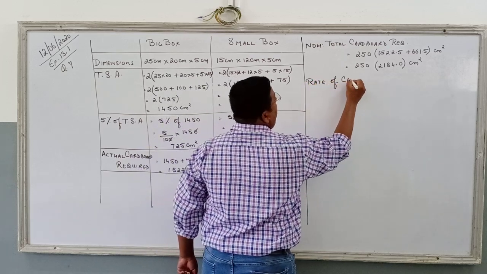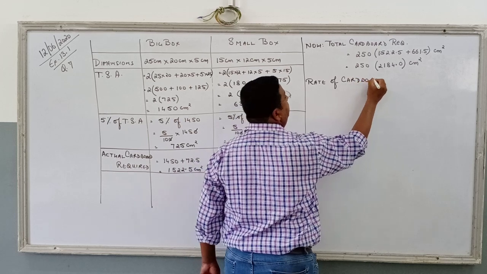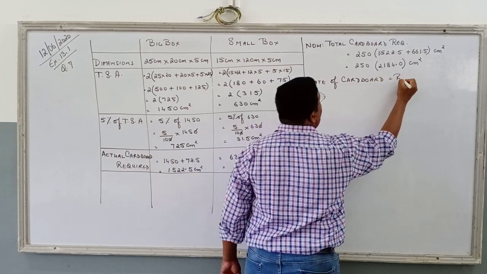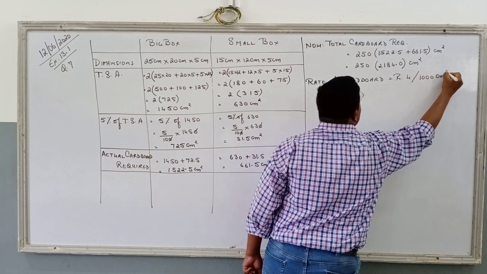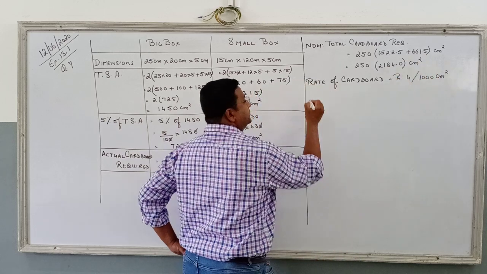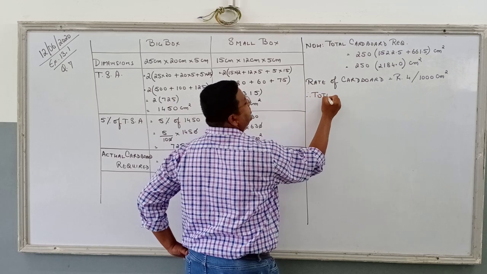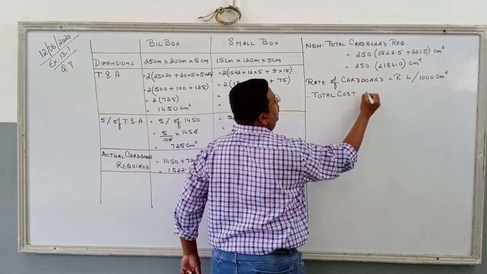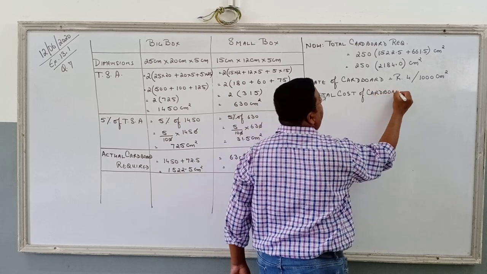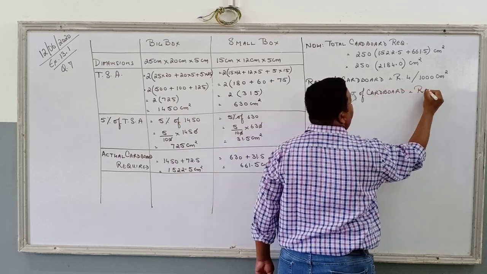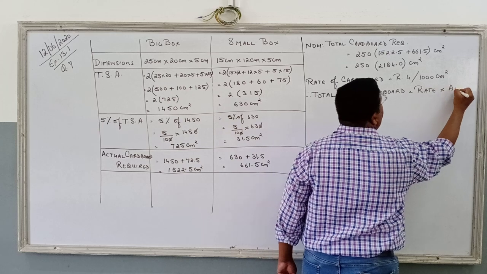Rate of cardboard is equal to rupees 4 per 1000 centimeter square. So therefore total cost of cardboard is equal to rate multiplied by area.